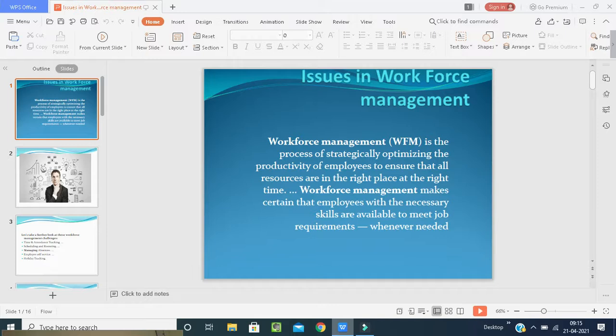See, in very clear and cut-out words, it has been mentioned clearly that WFM makes sure that employees with the necessary skills are available to meet the job. Whenever we need employees, what sort of requirements does the company have?